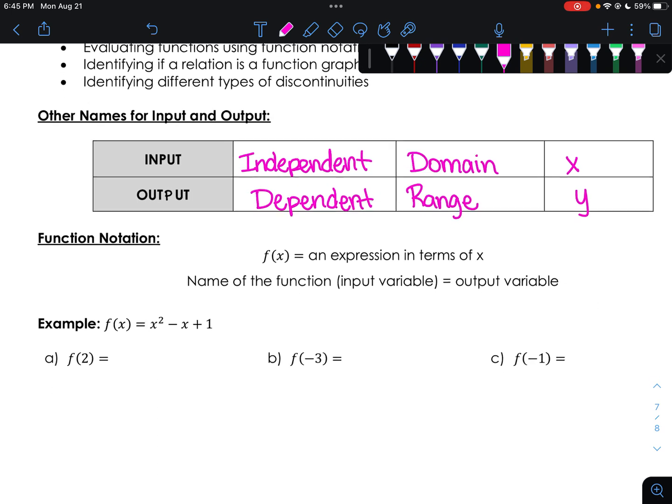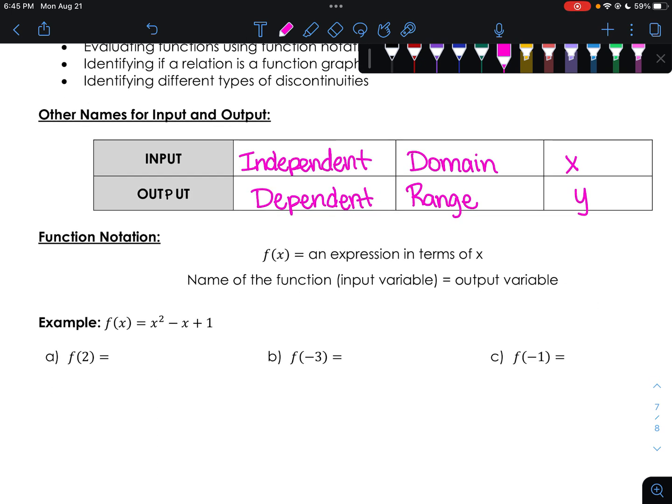Okay, so why do we need to know this? Because in function notation, it helps explain the different parts. The first part is the letter that we use. That is the name of the function. It can be any letter of the alphabet. The most common one used is f, but again, it could be h, g, j, k, any letter of the alphabet.